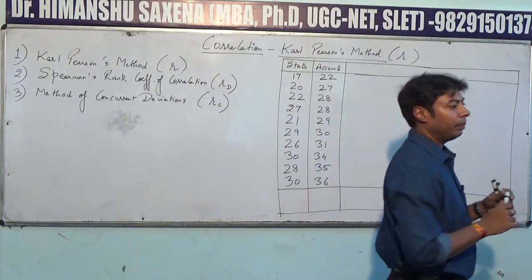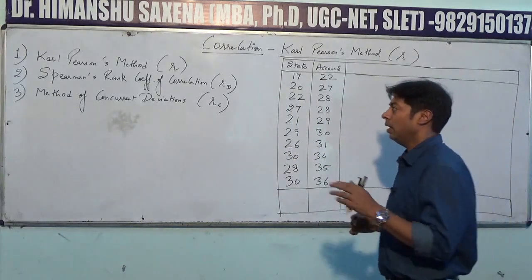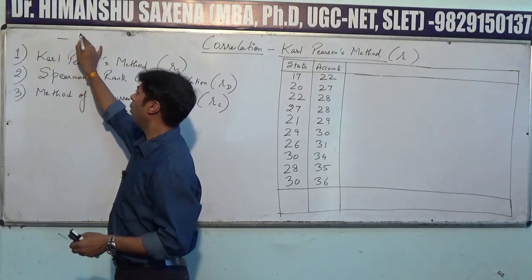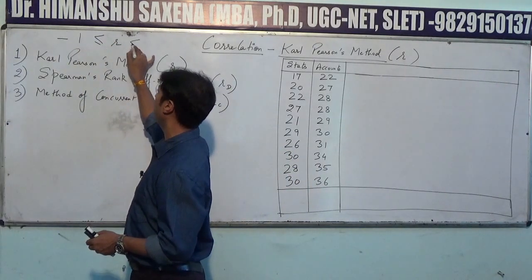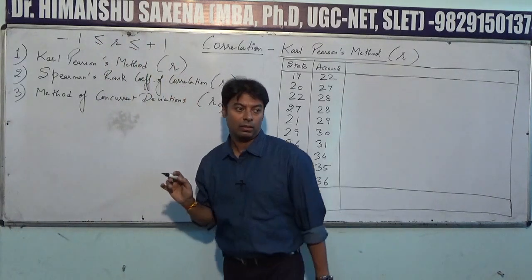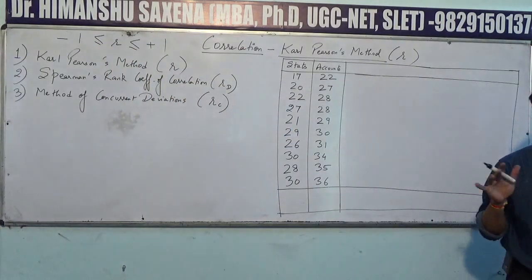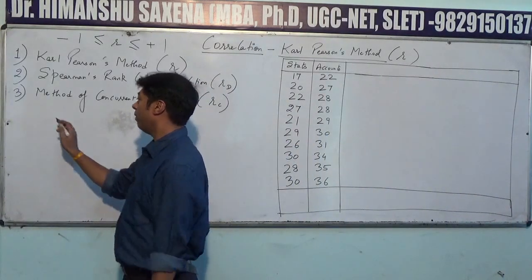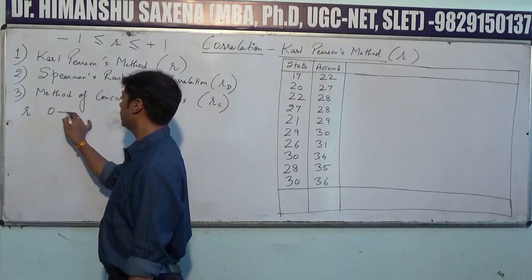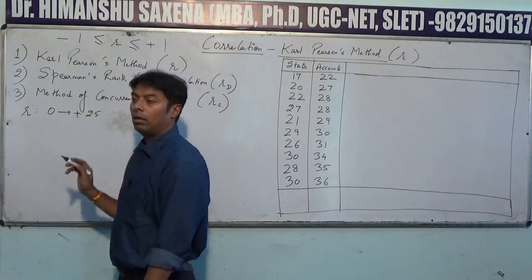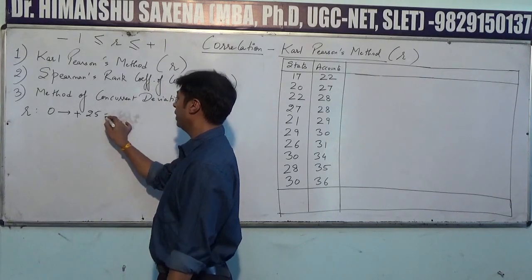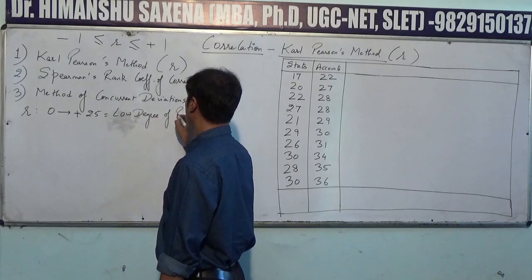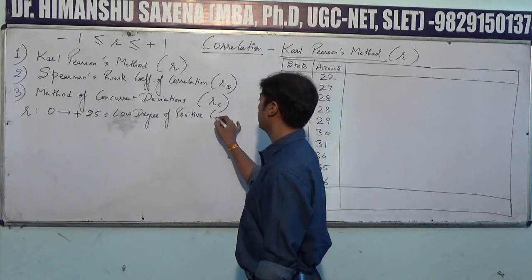Now today we are going to apply Karl Pearson's method, and by applying Karl Pearson's method we can determine the degree of correlation which can lie between -1 to +1. So coefficient of correlation is always lying between -1 till +1. Now if the value of R is lying between 0 to 0.25, then we can conclude that there is a low degree of positive correlation.